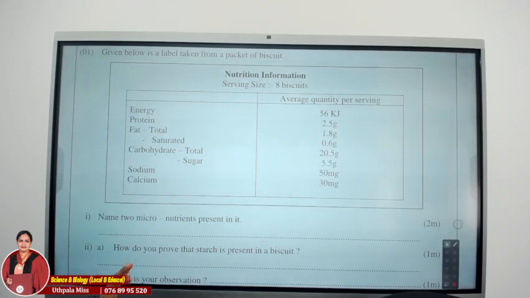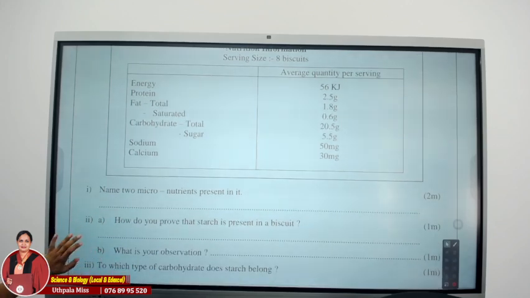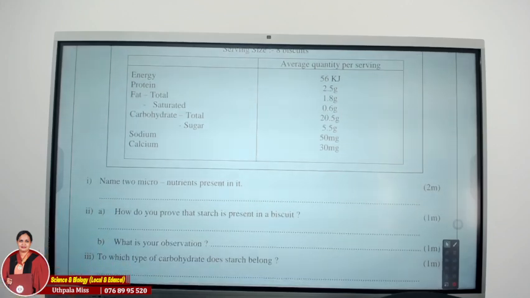Just have a look at the data given, note them down and answer the questions.